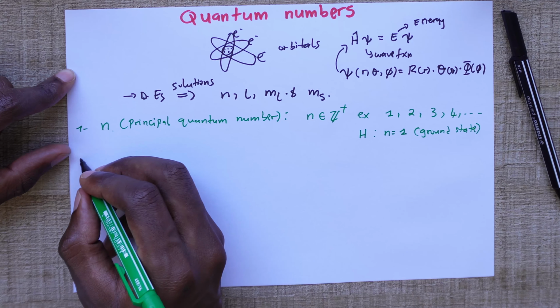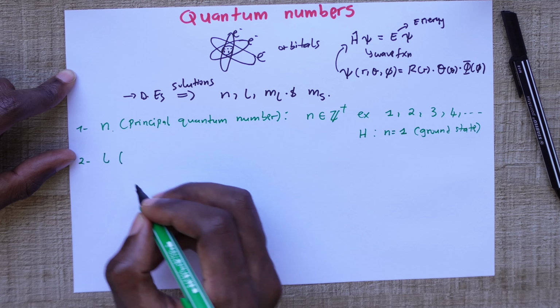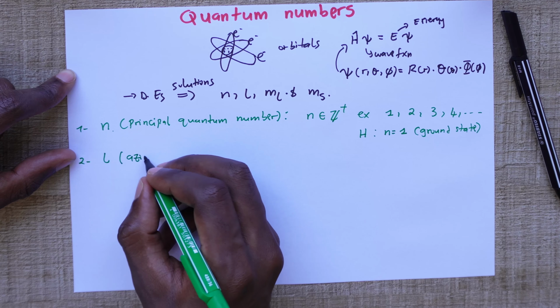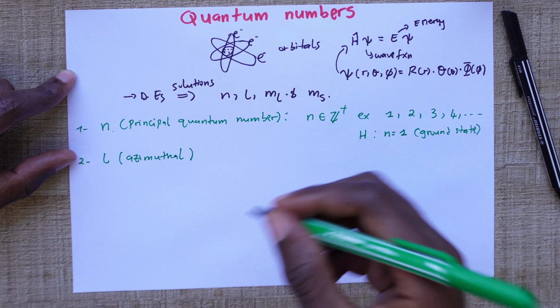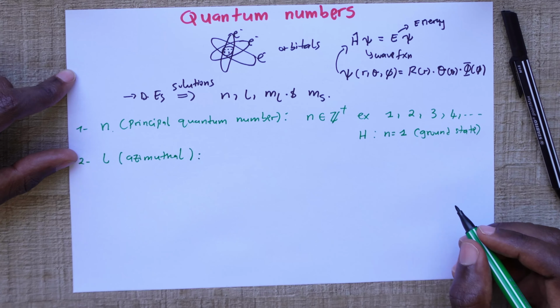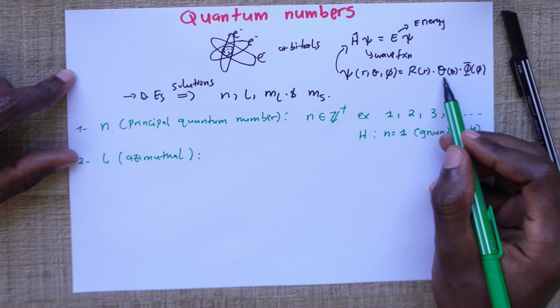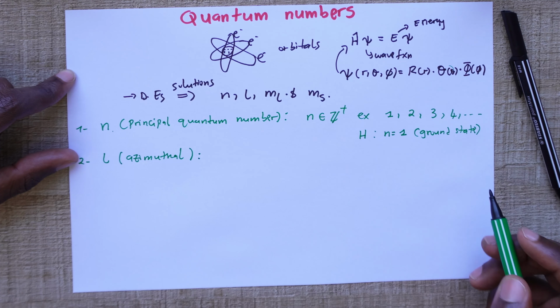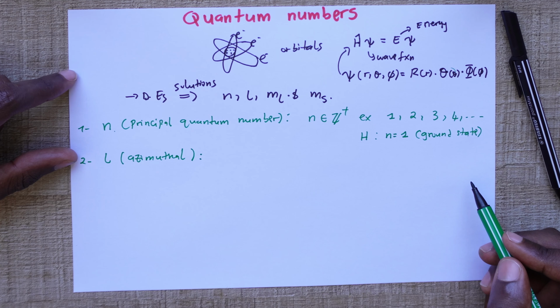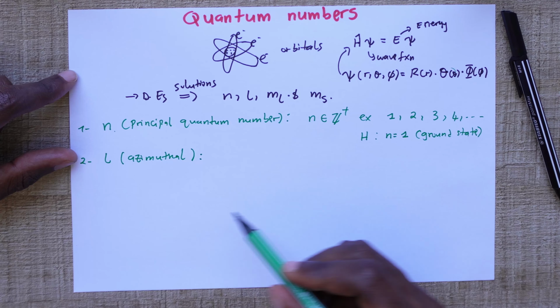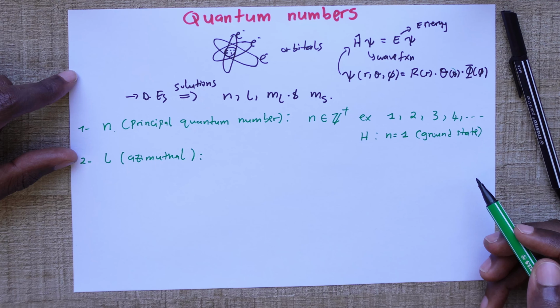The second quantum number, l, is known as the azimuthal quantum number, or usually known as the angular quantum number, because it is obtained by solving the equation that depends on theta. The angular or azimuthal quantum number has as primary role that it determines the shape of an electron's orbital.